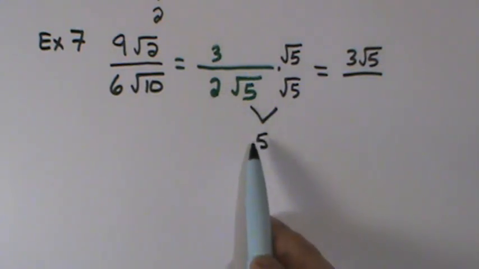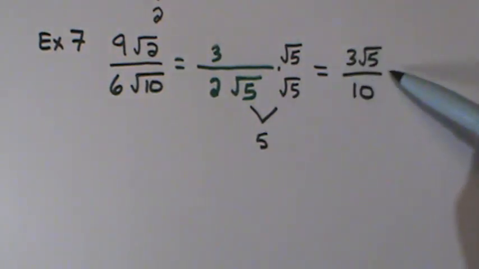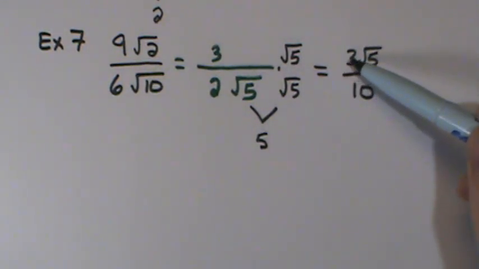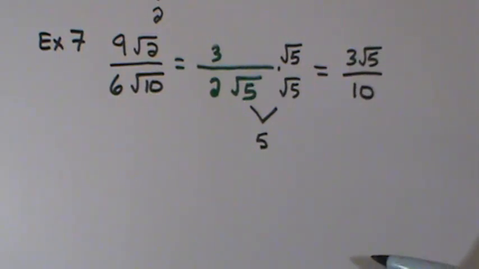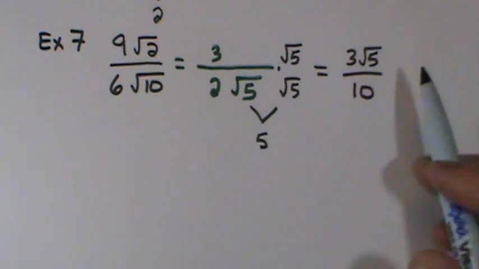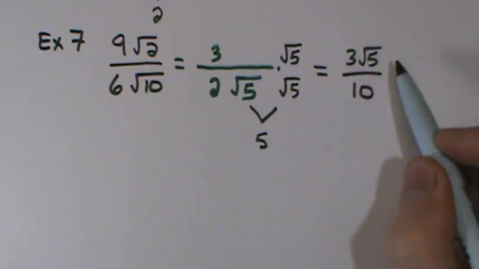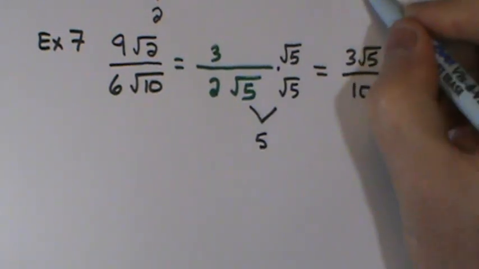So this becomes 2 times 5, which is 10. And I look at this fraction, make sure I don't have any opportunities to cancel. The 3 and 10 does not reduce. The rad 5 versus the 10 is not allowed to reduce, so that would be my final step. And so that checks out.